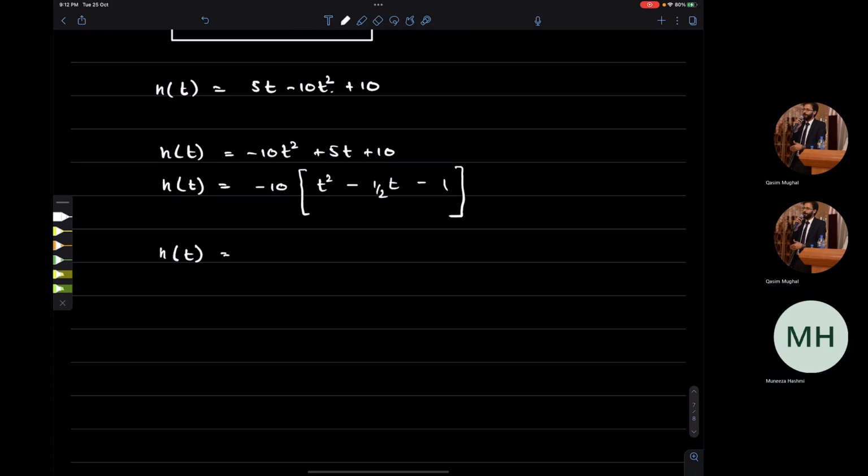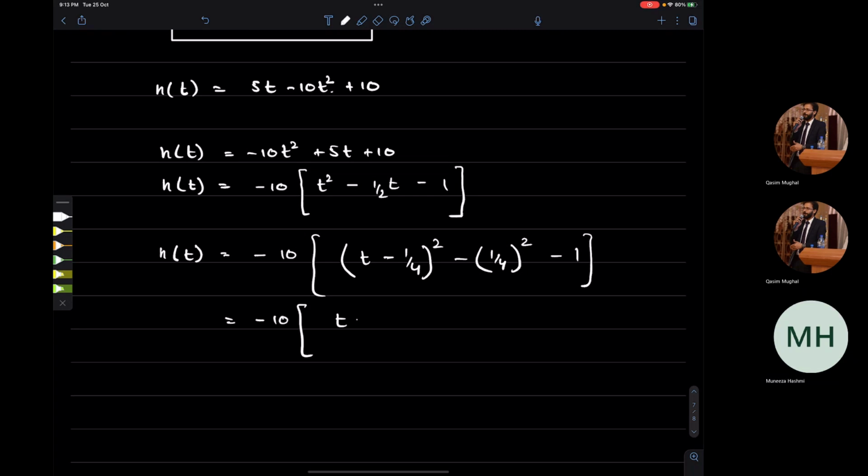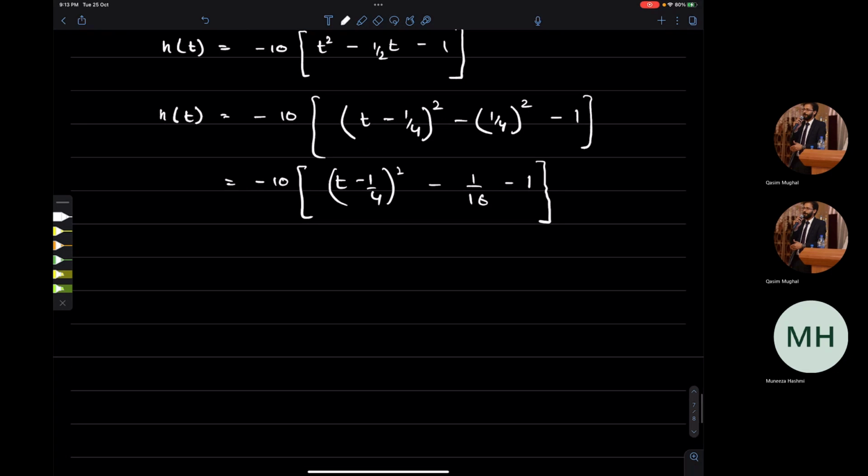h of t equals negative 10 times t minus something squared and then minus 1. Half of 1 by 2 is going to be 1 by 4, so negative 10 times t minus 1 by 4, the whole squared, minus 1 by 16, and then minus 1, which is t minus 1 by 4 whole squared minus 17 over 16.